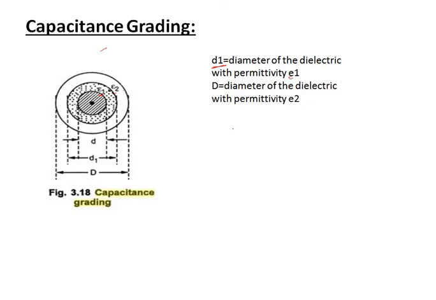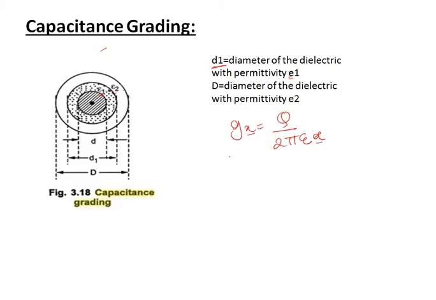We know the formula Gx is equal to Q upon 2 pi epsilon x. We know this formula of electric field intensity, that is G is equal to Q upon 2 pi epsilon, at a distance x.